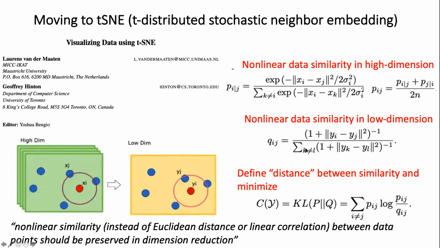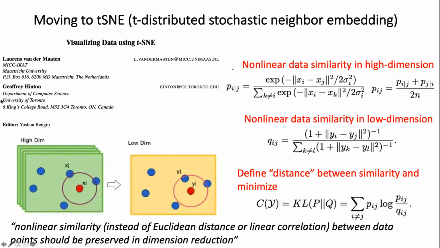You can also define some similarity in the low dimension, but it is different. It uses a t distribution, which is why it got the name t-distributed, because it's proven to be better than Gaussian at solving the overcrowding issue. Then you define the distance between the similarity in high dimensional space and low dimensional space, and you minimize that with some optimization. So the basic idea of t-SNE is to preserve some nonlinear data similarity. You can understand how t-SNE works that way.